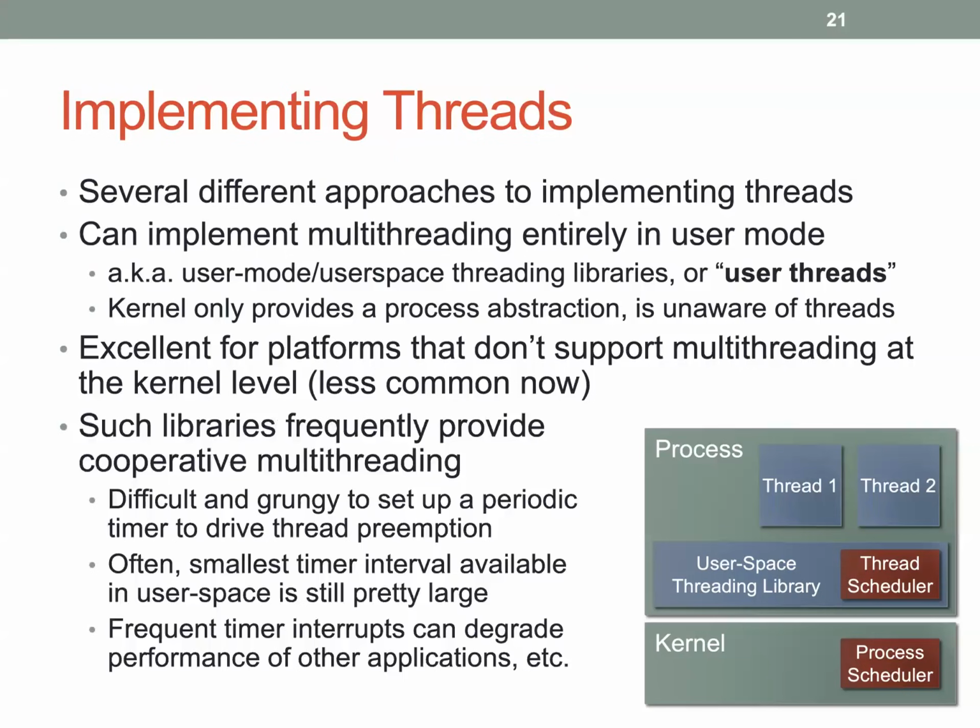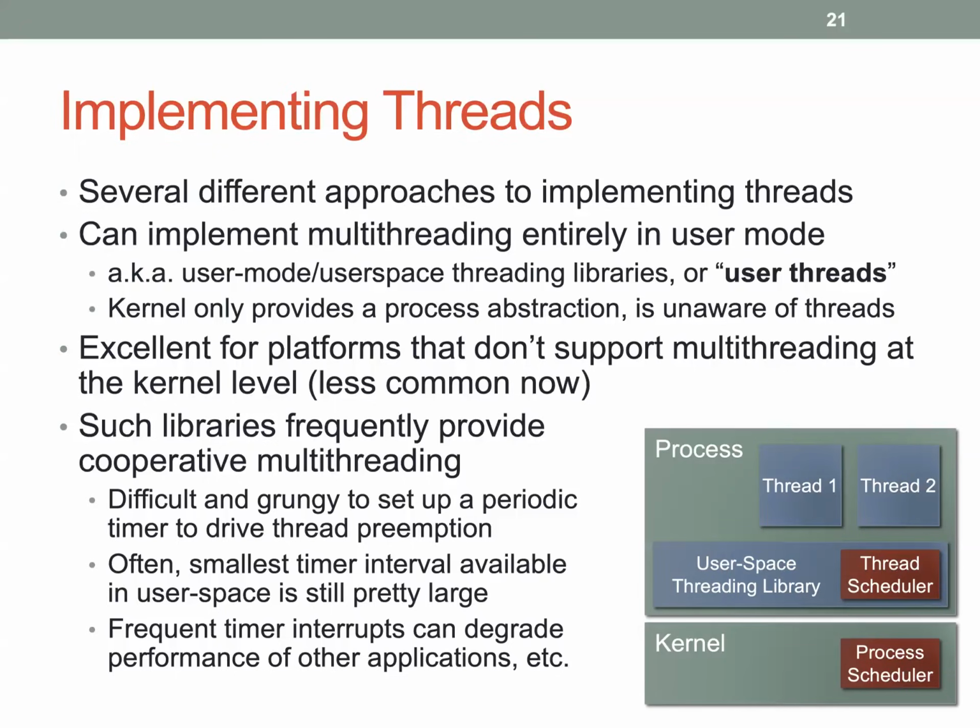These libraries tend to have to provide cooperative multi-threading because the kernel tends not to expose a very high resolution timer mechanism to user processes because of the overhead of doing that. It may have a high resolution internal timer, but it may not expose that because then you're wasting a ton of time invoking a certain user process all the time.